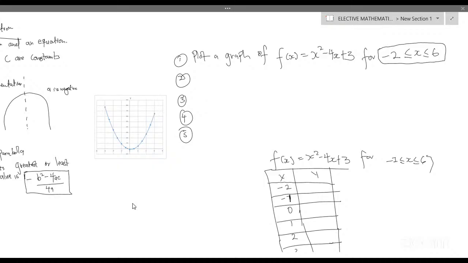Oh, okay. So yeah, I was actually not asking us to solve the quadratic equation. I just wanted us to plot the graph using the coordinates that we've been given. So the answer is right, but I just want us to get our coordinates to plot the graph.